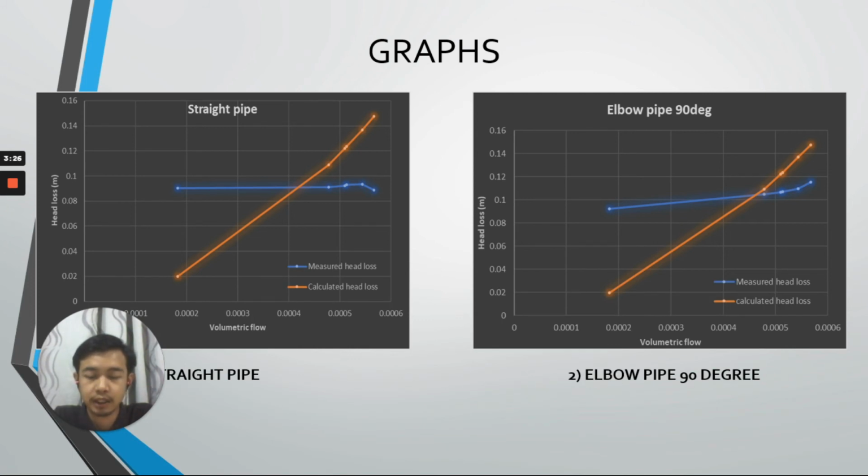And for the 90-degree elbow pipe, the calculated head loss increases proportionally with the volumetric flow, while the measured head loss is increasing gradually as the volumetric flow increases.